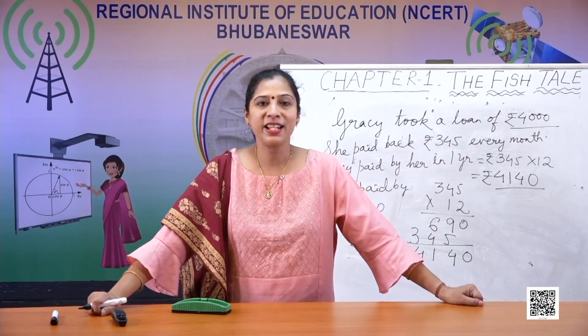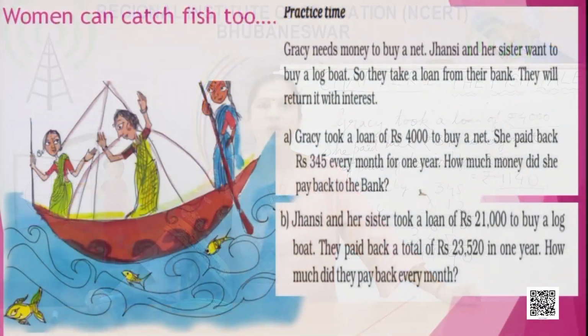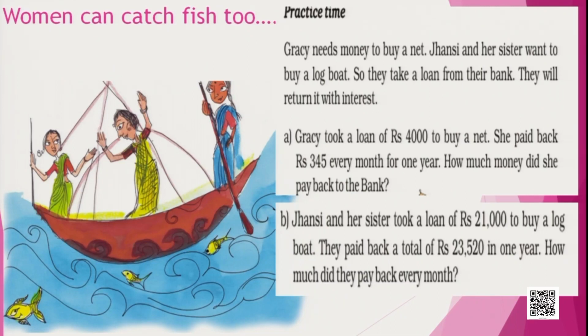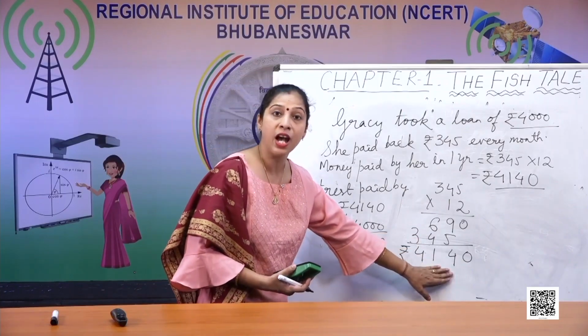Now let's see the next question. Jhansi and her sister took a loan of rupees 21,000 to buy a log boat. They paid a total of 23,520 in 1 year. Now we have to find out how much they paid every month. So we are going to start from the bottom now. This time, with Gracie, we found out how much she gave back.